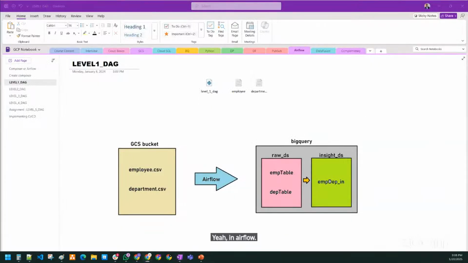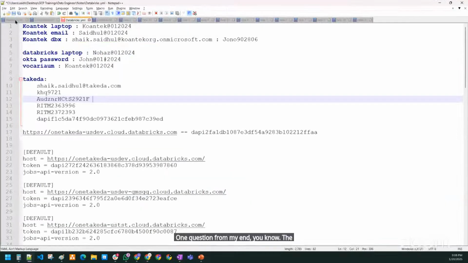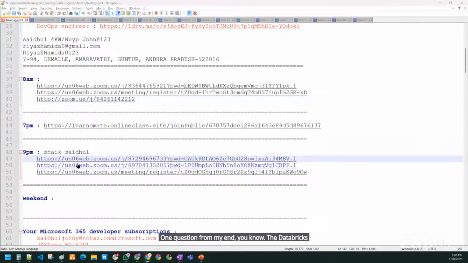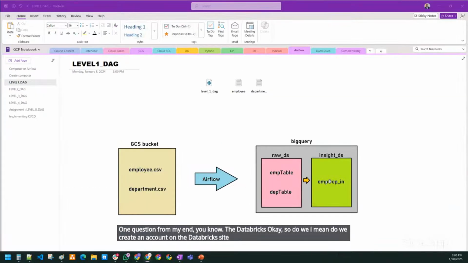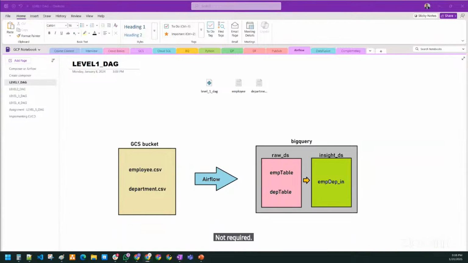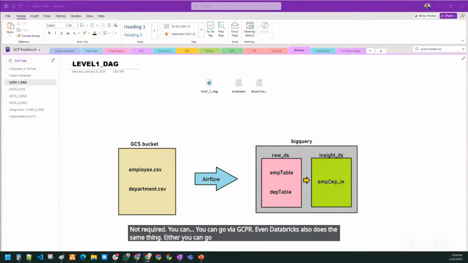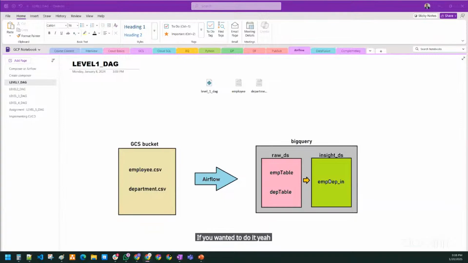One question from my end. For Databricks, do we create an account on the Databricks site directly, or do we go through GCP or Azure? You can go via GCP or Azure, or even Databricks directly, which does the same thing. Usually you can use GCP or Azure, and I'll tell you both if you want.